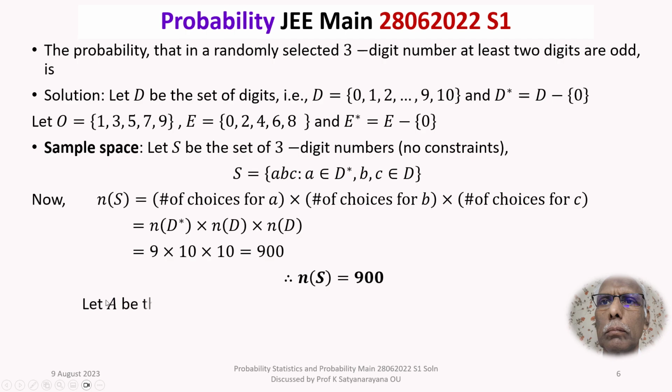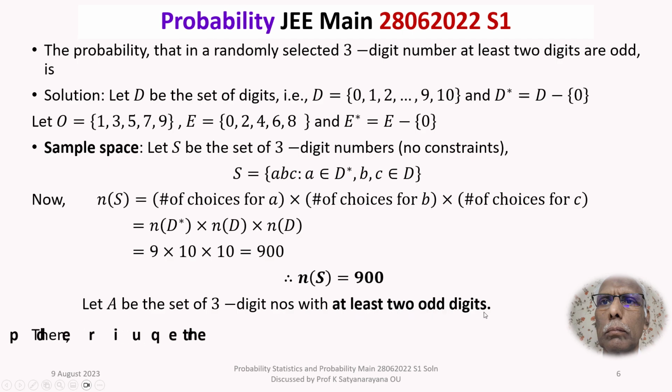Now, let A be the set of 3-digit numbers with at least 2 odd digits. Because you have to randomly select a number, and that should turn out to be a 3-digit number with at least two odd digits, that is why we are considering A as the set of 3-digit numbers with at least 2 odd digits.